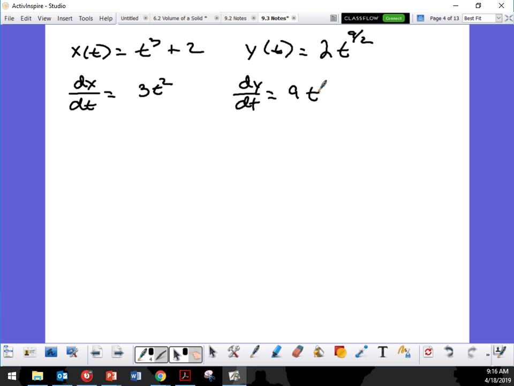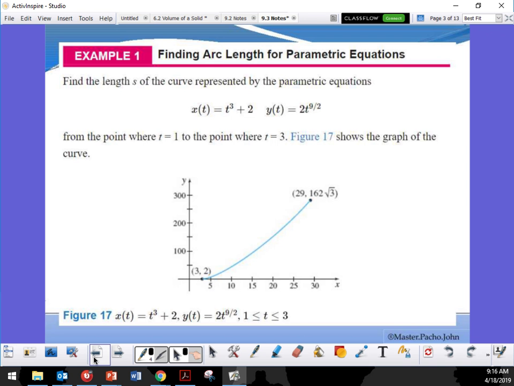So it's 7 over 2. All right, from where t equals 1 to the point where t equals 3.